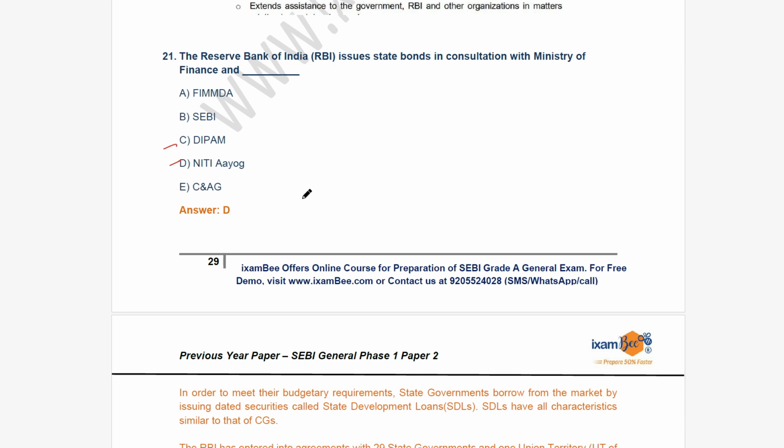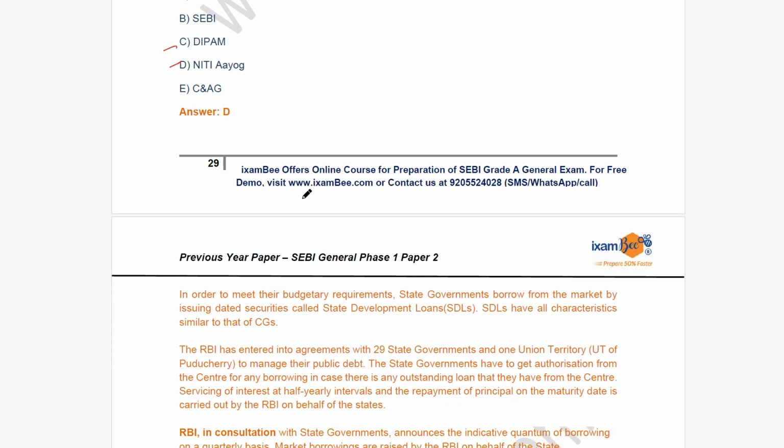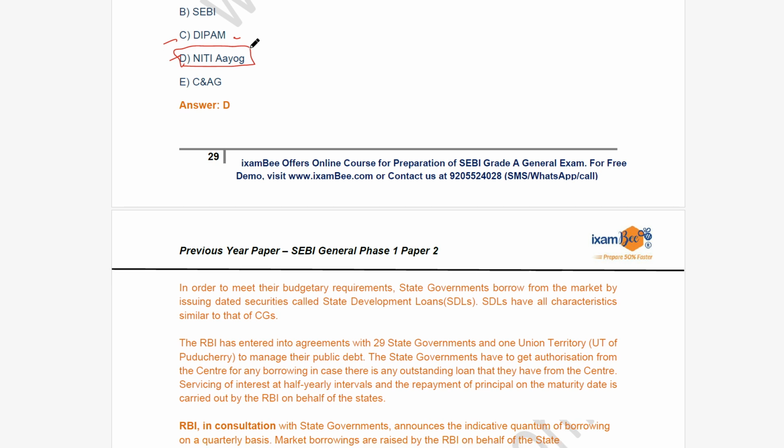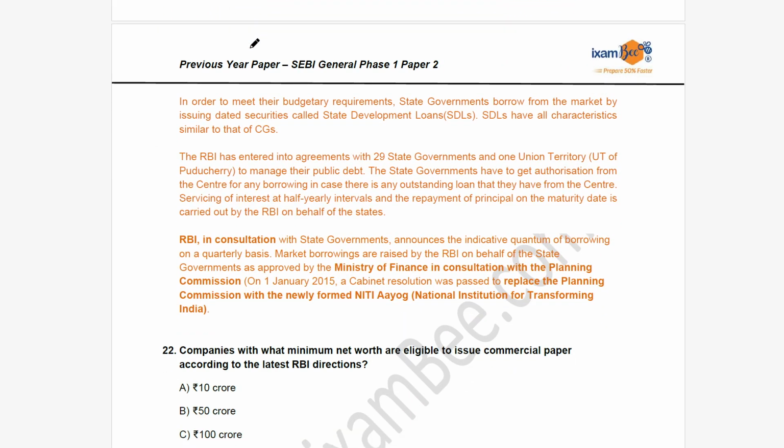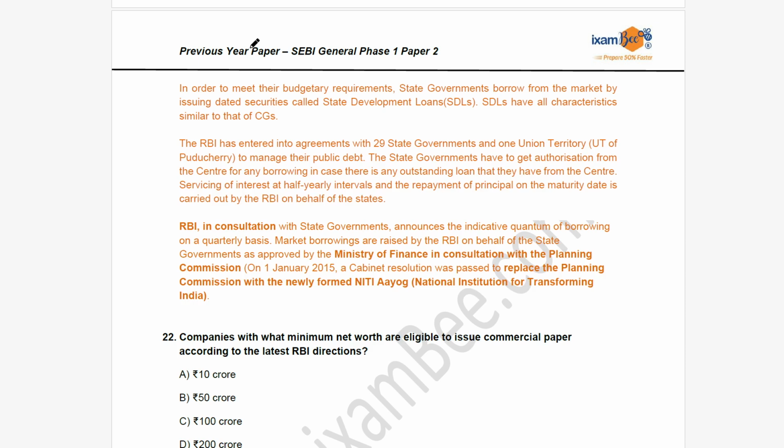But if you are aware, in 2015 the Planning Commission was replaced by Niti Aayog. So here the correct answer would be Niti Aayog and not DIPAM, because the Ministry of Finance has already been mentioned in this, right? So in finance, this was the only question whose direct coverage I may not have found.